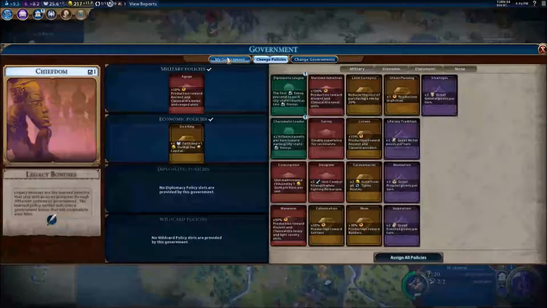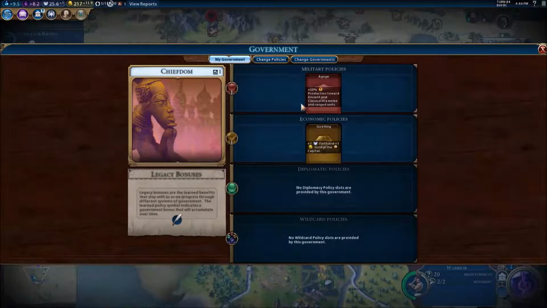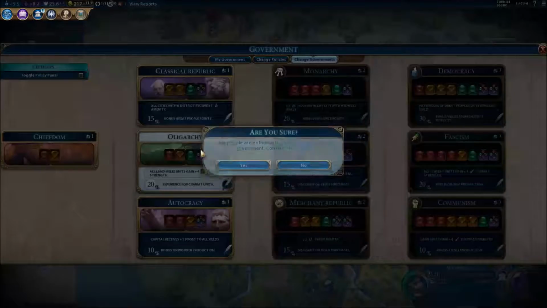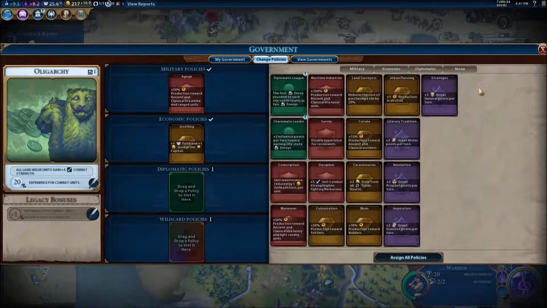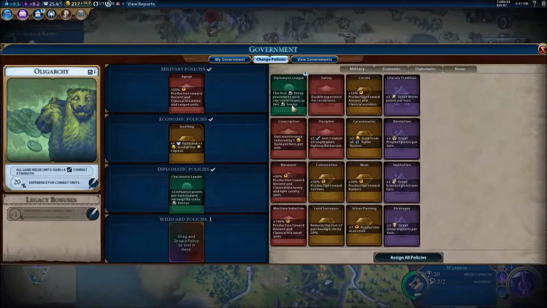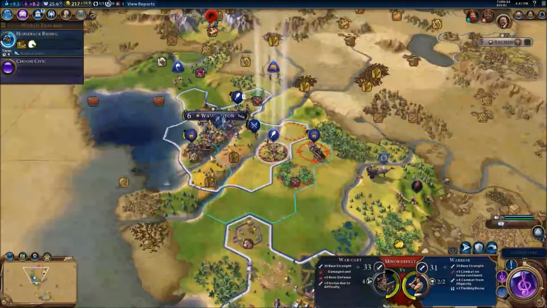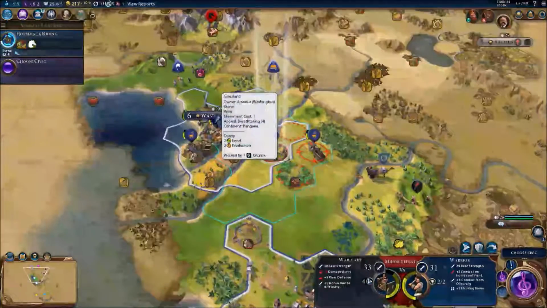As soon as we get here, we're going to change our government to an oligarchy, which will give us more combat strength, more experience, and will allow us to do these diplomatics. So we'll go with influence points, and we'll pick our great person next episode.